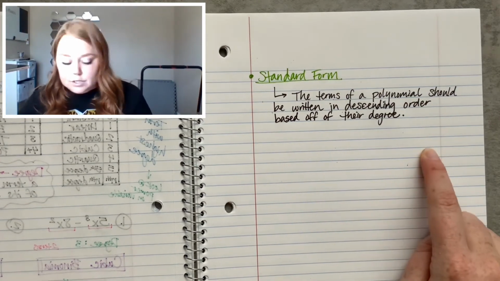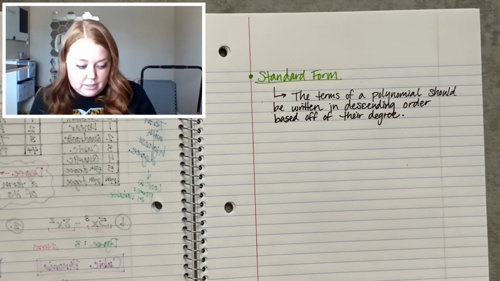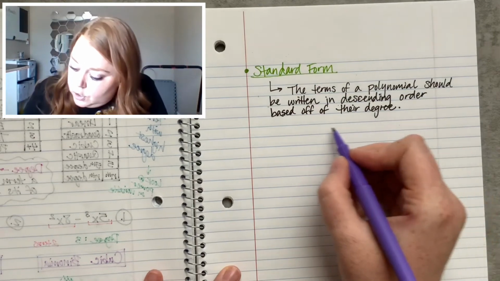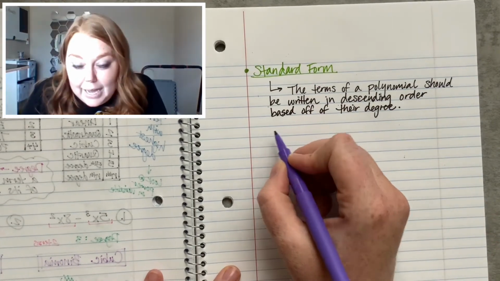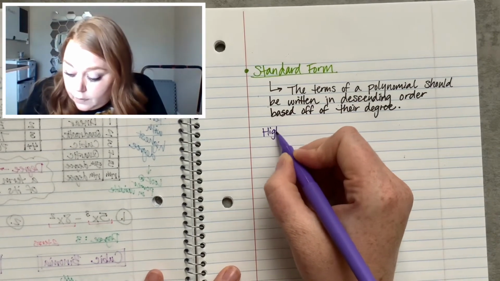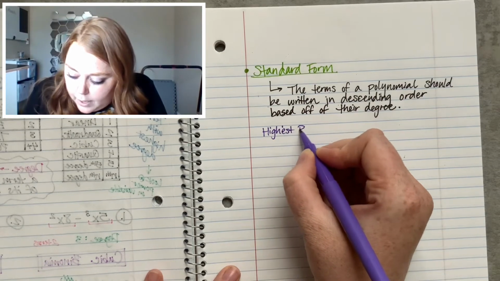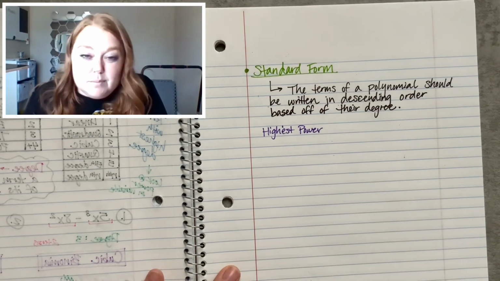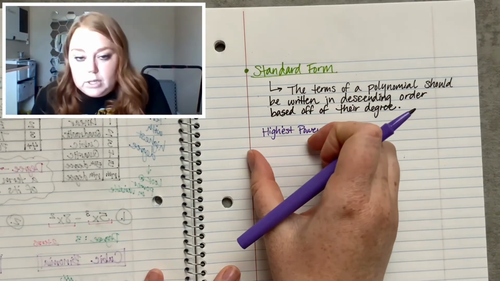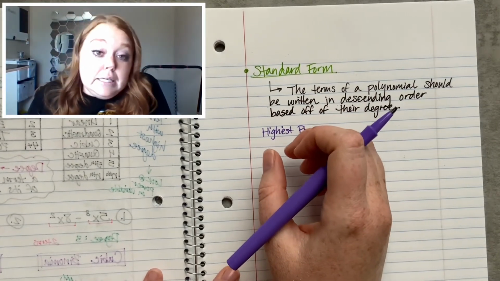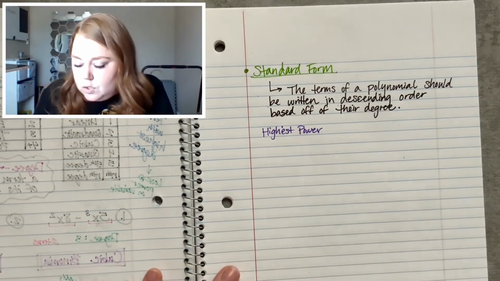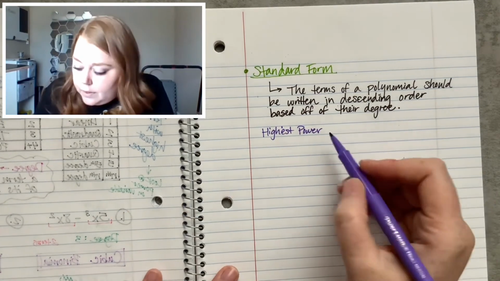That means highest to lowest. And in fact, I think that's a good thing to put in here. You're always going to put the term with the highest power on the left. Highest power. Some more vocabulary for you is the term with the highest power is called the leading term. Okay, so it's the one that's the leader, if you want to think of it.